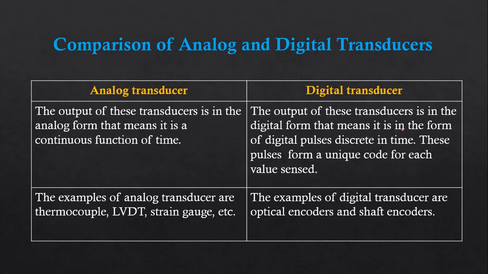That means it is in the form of digital pulses, discrete in time. These pulses form a unique code for each value sensed. So each and every time the value sensed by the digital transducer is different. The examples of analog transducer are thermocouple, LVDT, strain gauge, etc. The examples of digital transducer are optical encoder and shaft encoder.